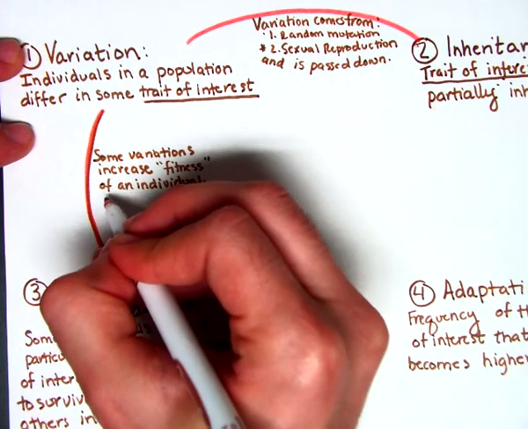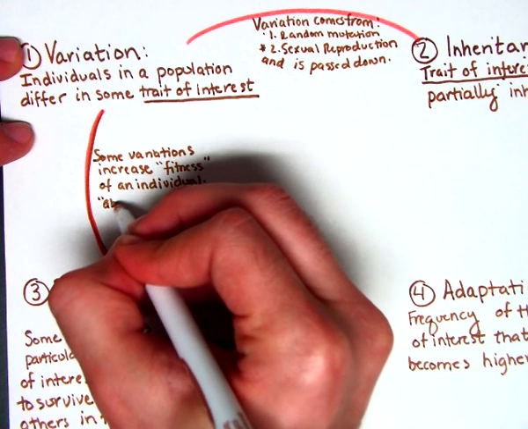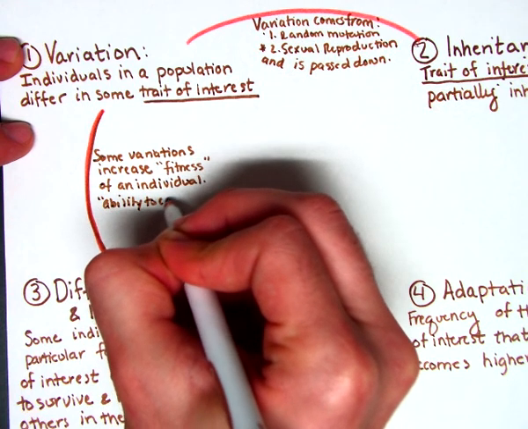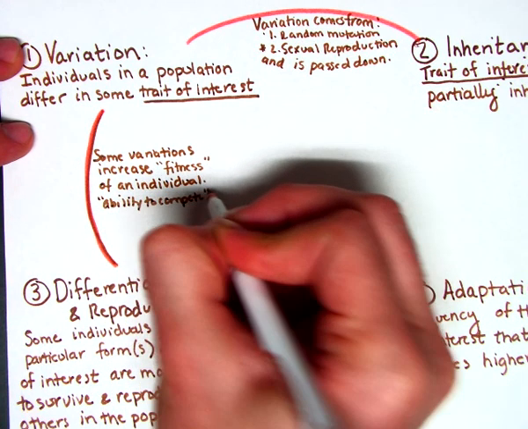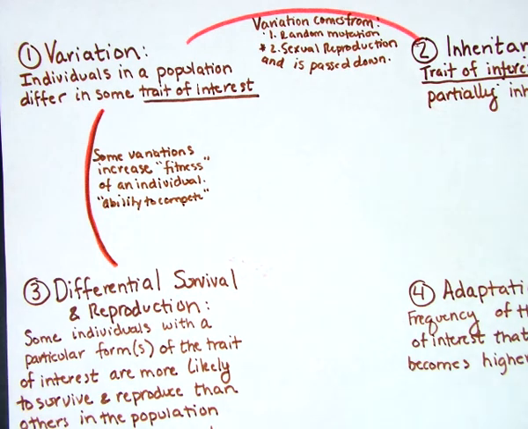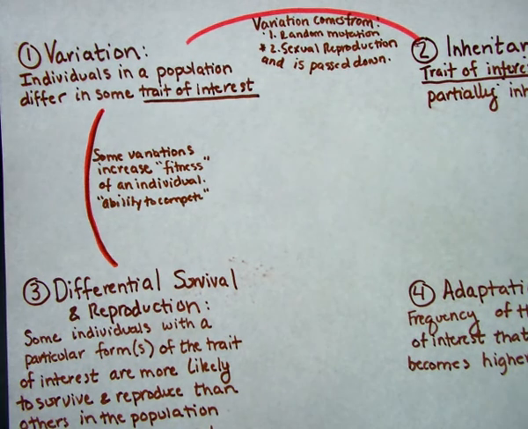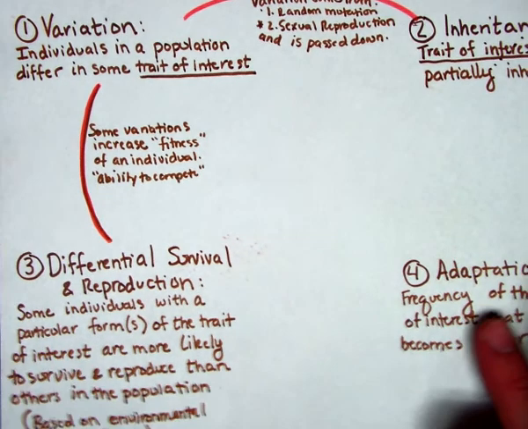And this can be taken to mean as kind of the ability to compete, to survive and reproduce. Some variations, they increase the fitness of an individual, their ability to compete. So there's competition. Okay.